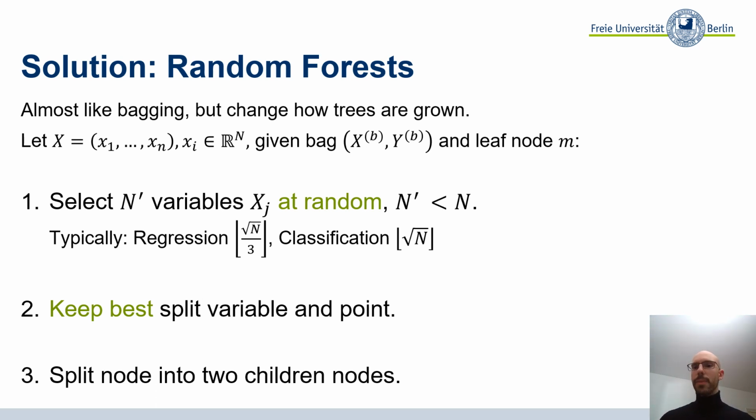So remember, in the vanilla method, we looked at all possible split variables and all possible split values. Here, we just look at a subset of split variables, which is selected randomly, and the number n prime which you select, well, again, this is something that you have to try out, and a hyperparameter that you have to optimize, but these are recommended values that you use for regression and classification.